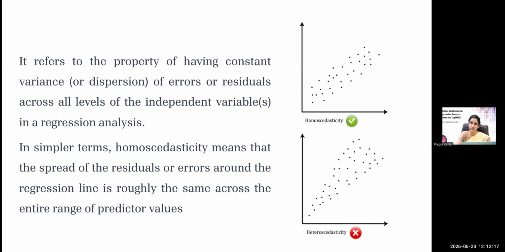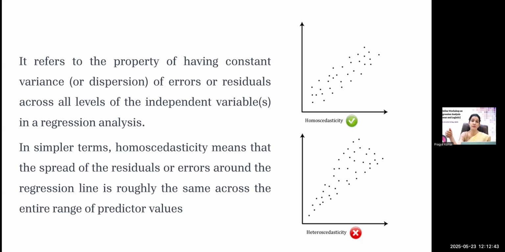There it was an objective way: if the p-value was more than 0.05, the assumption was met. But in linear regression, there's no objective way.